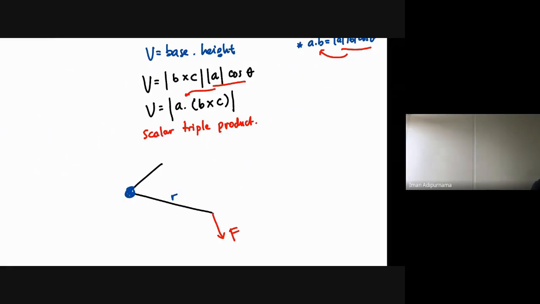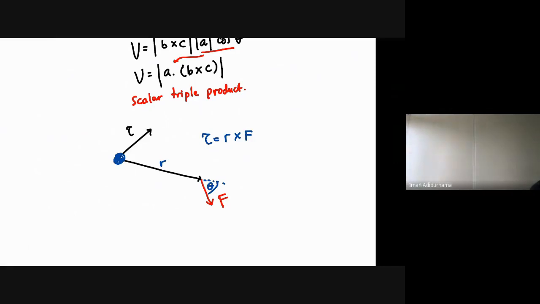This is the torque, and the torque is R cross F. And it has some angle here. But I will leave the physics to you to see and observe. I hope you will understand the mathematics inside the physics, the vectors.